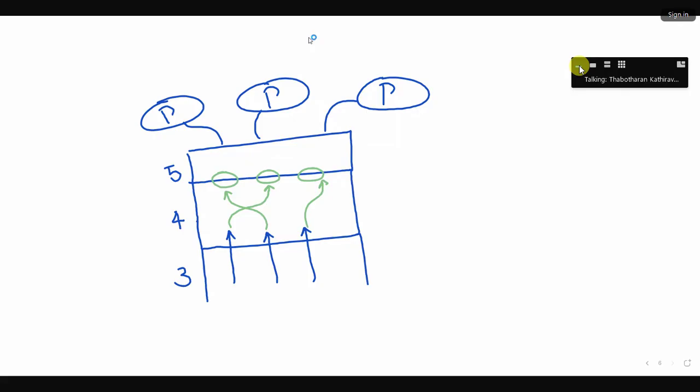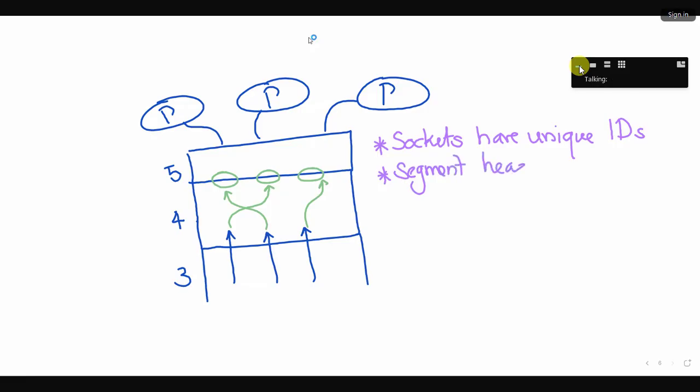So we can say sockets have unique IDs, and segment headers will include these socket IDs, which we call port numbers.